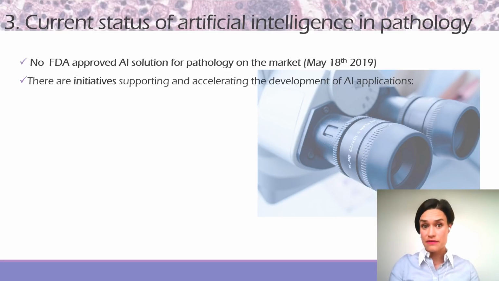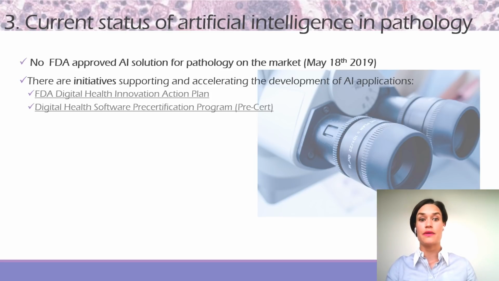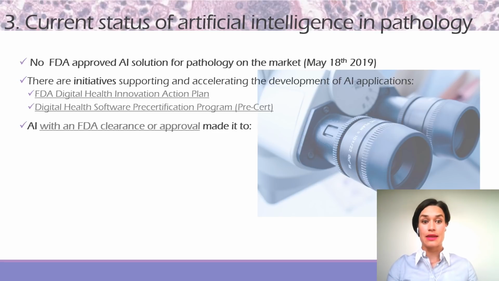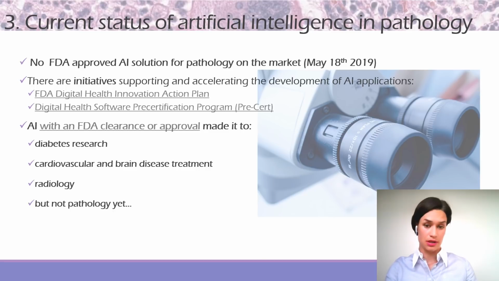There are initiatives supporting and accelerating the development of AI applications, like the FDA Digital Health Innovation Action Plan and the Digital Health Software Pre-Certification Program, Pre-Cert. In different disciplines, AI has already made it officially with an FDA clearance or approval, like in diabetes research, in cardiovascular and brain disease treatment, in radiology, but not in pathology yet.